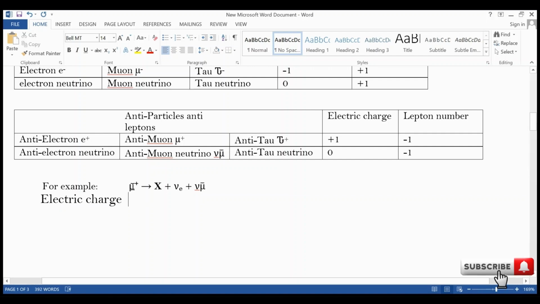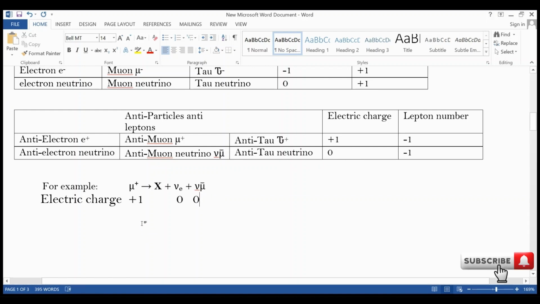For anti-muon, the electric charge is +1. We don't know the electric charge of X, so moving towards electron neutrino. The electric charge of electron neutrino is 0 and the electric charge of anti-muon neutrino is also 0.